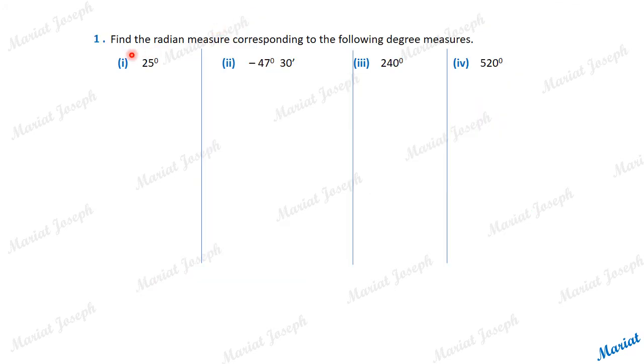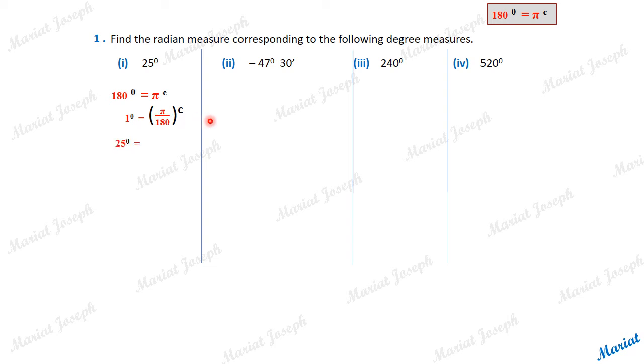Let's do some examples. Find the radian measure corresponding to the following degree measures. 25 degree. The conversion equation we have to keep in mind is 180 degrees equal to pi radians. We'll go by unitary method. 180 degree equal to pi radian, therefore 1 degree is equal to pi upon 180 radian.